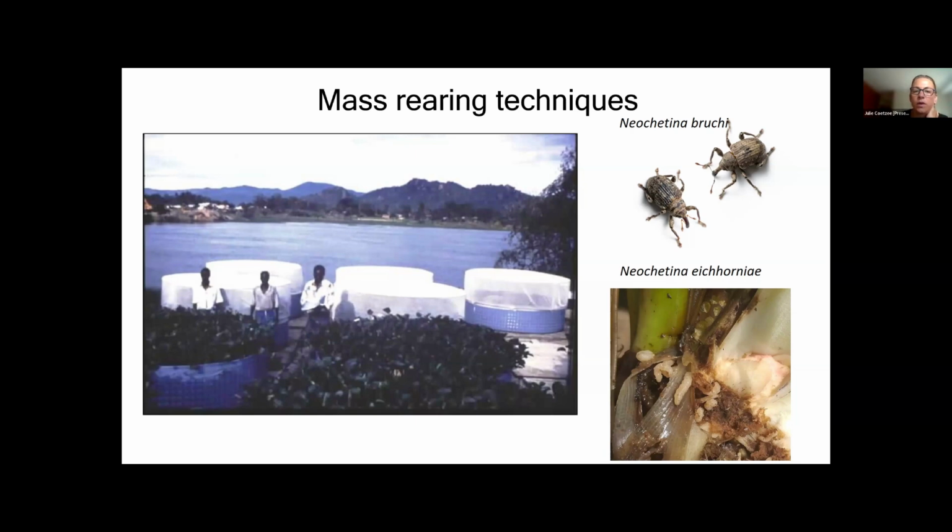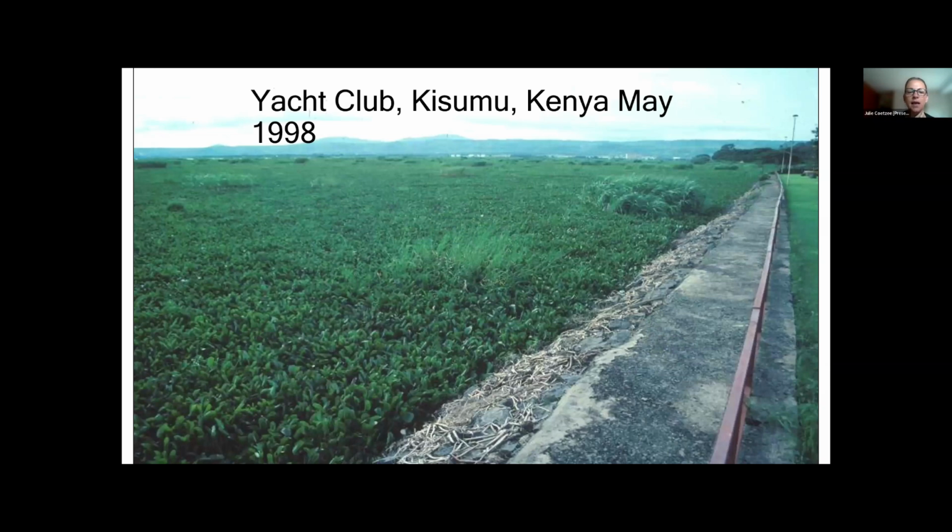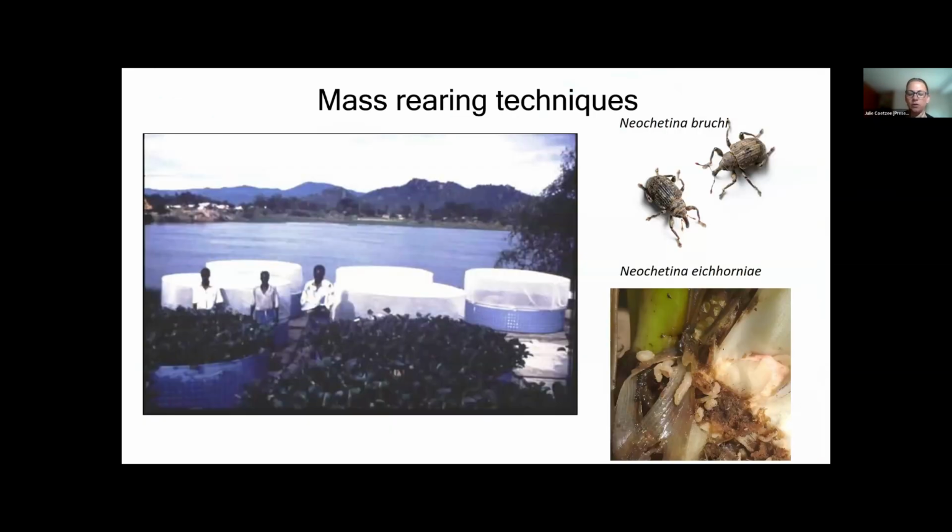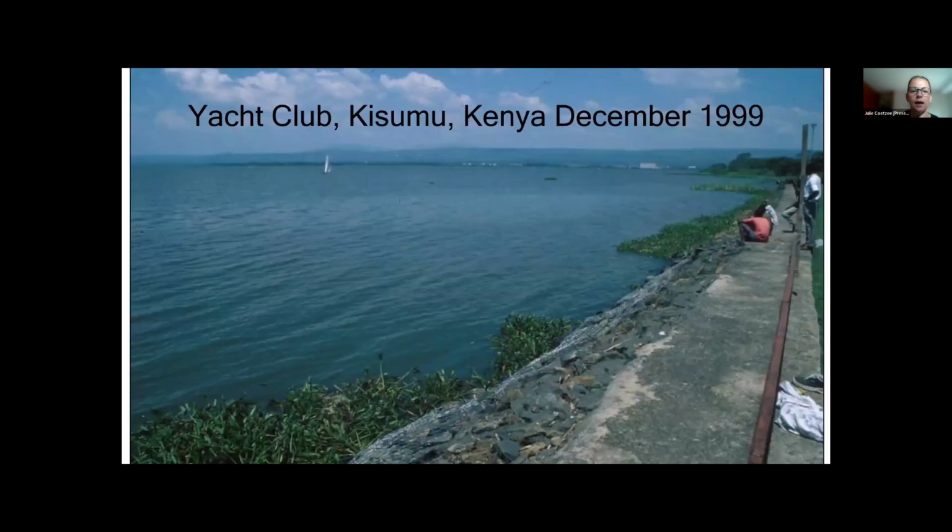And these are the weevils that were released, Neochetina bruchi and Neochetina eichhorniae. And it's really the little larvae that cause the most damage to the plants. They bury down the stem and they create waterlogging, and the plant eventually sinks. So if you have a look at that, the Yacht Club in 1998, the biocontrol agents were introduced in about 97, and by 1999, all but 20,000 hectares of that 200,000 hectares remained.